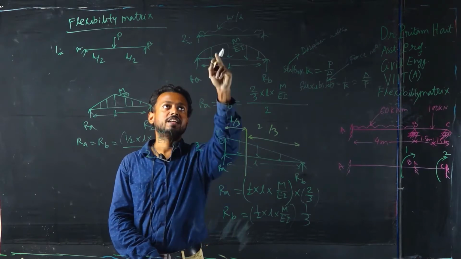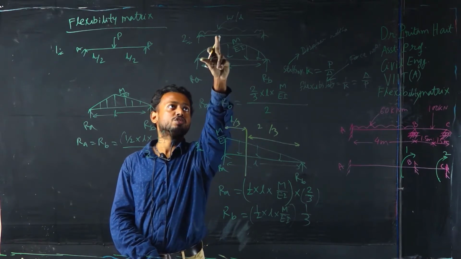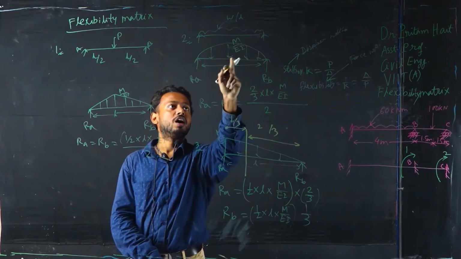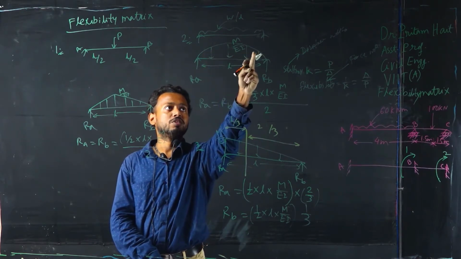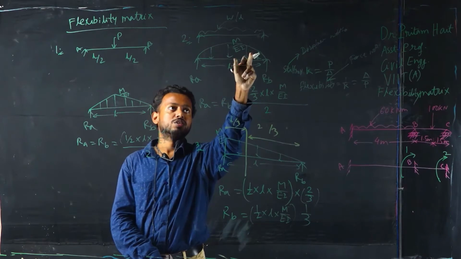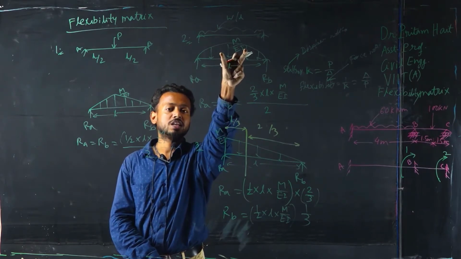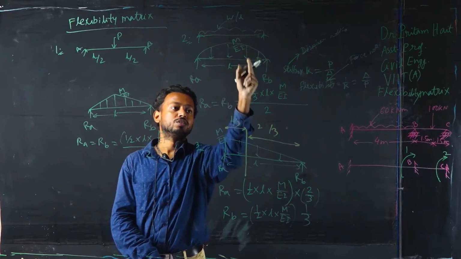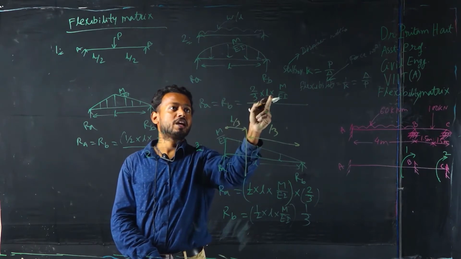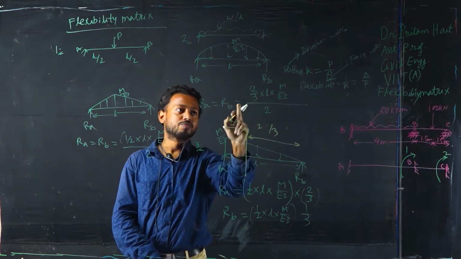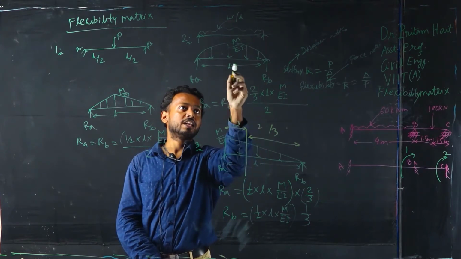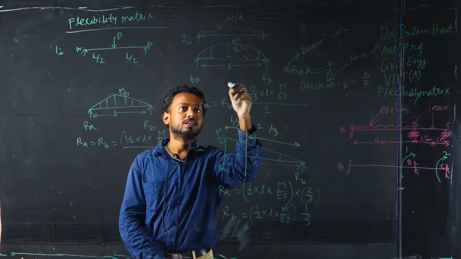Okay. In the second case, while it is subjected to uniformly distributed load, this is the M by EI diagram, the bending moment will be parabolic. So I have to find out the area of this parabola. Say RA equals RB equals 2/3 of L into M by EI.